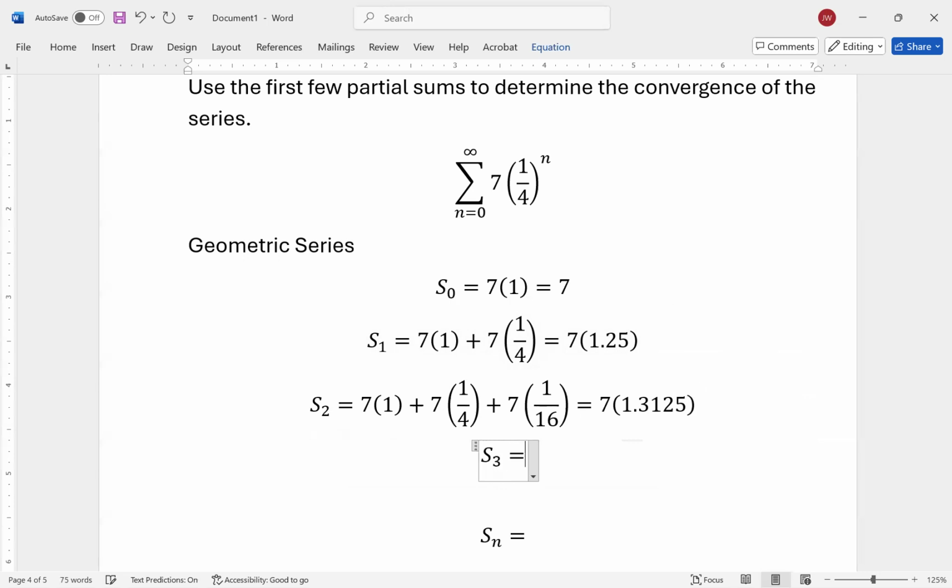S sub 3 would be the sum of these terms, which I already know is 7 times 1.3125, plus 7 times what happens when I plug in a 3. 1/4 raised to the third power is 1/64.